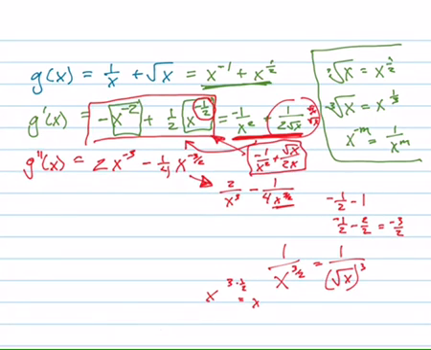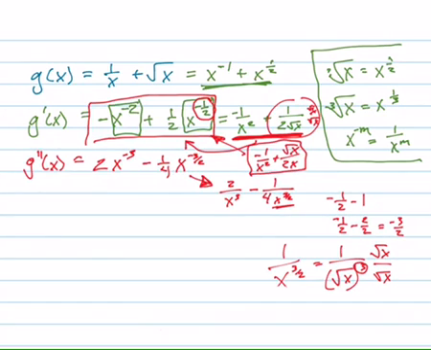Either way, you still have a square root on the bottom. So how do I get rid of the square root on the bottom here? Well, I have 3 of them. If I had 4 of them, it'd get rid of it, wouldn't it? So multiply it by the square root of x again.